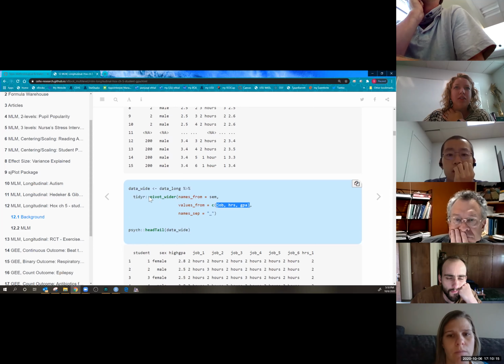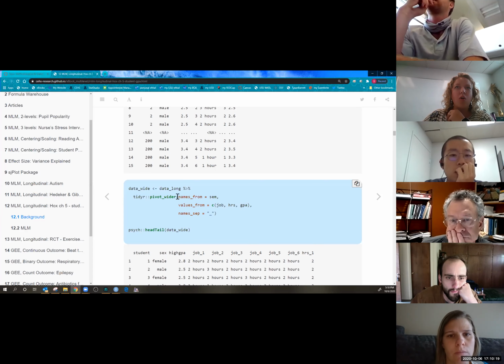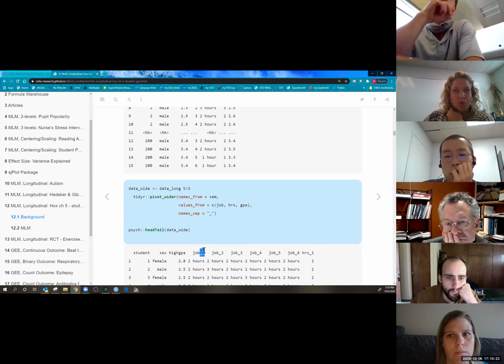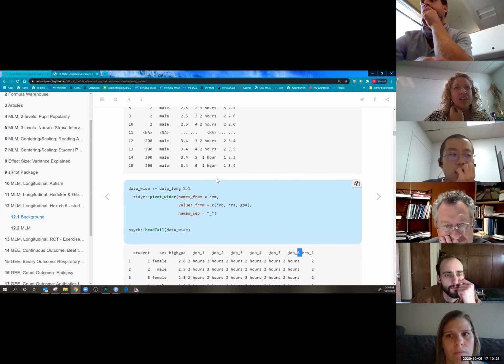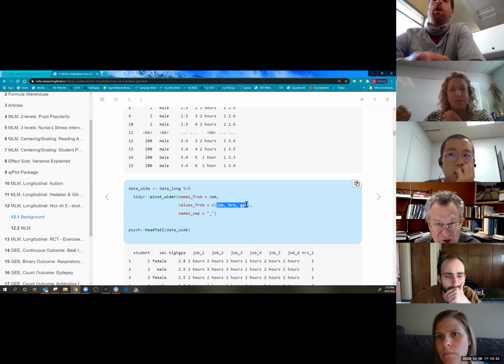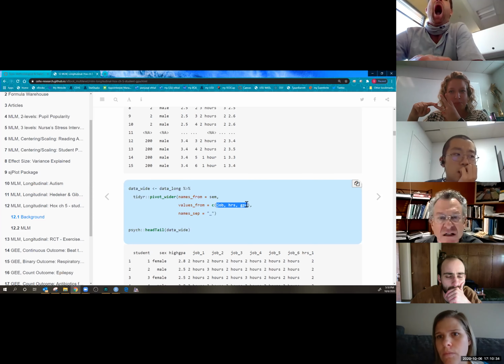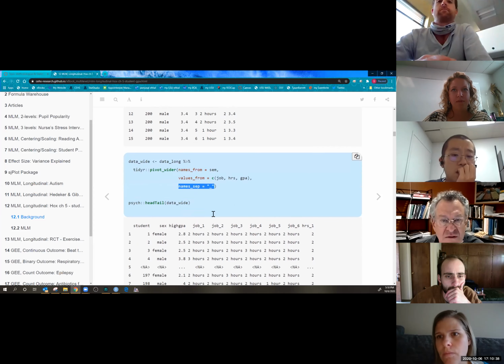The command is in the tidyr package, it's pivot_wider. I'm going to use the semester variable to tack on the 1, 2, 3, 4, 5, 6 at the end of the names of the time varying variables, job hours and GPA. And I want to separate with an underscore.